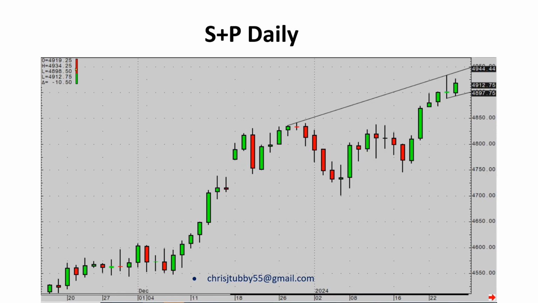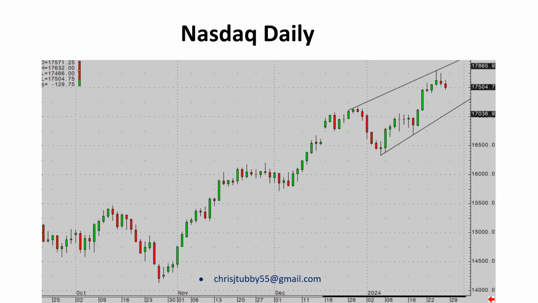Moving on to the S&P daily, I've got resistance at 49.44 and I've got support at 48.97. On the Nasdaq, they just finished the week a little bit lower down off the highs, but they still managed to find a new all-time high there before that happened.